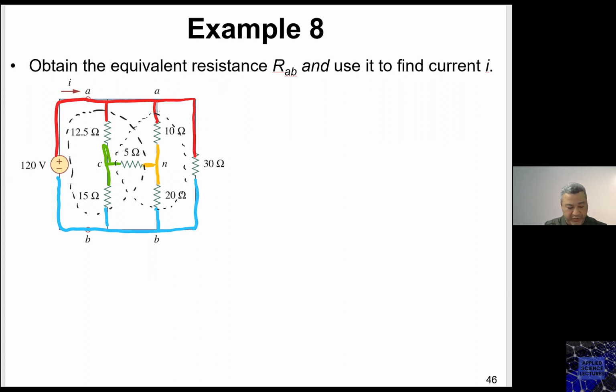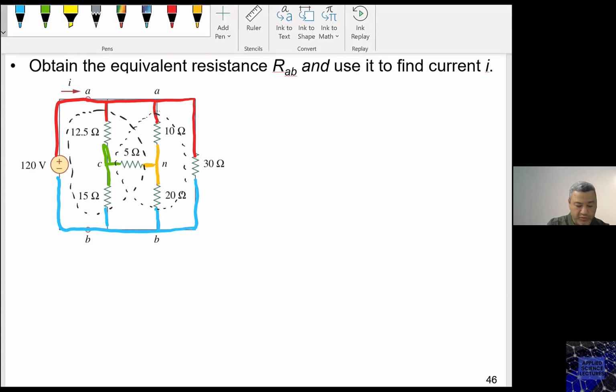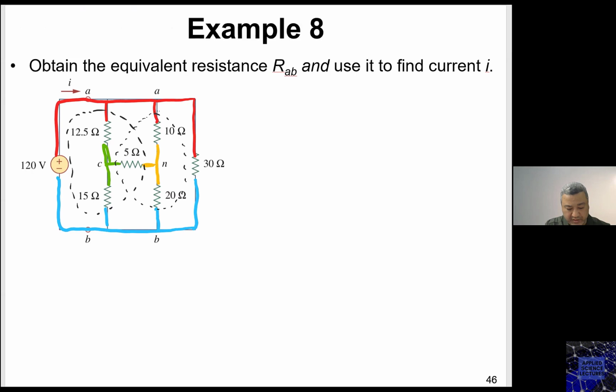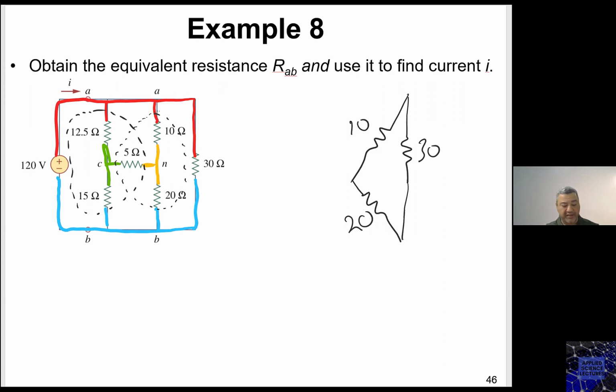If I am to bring this 10 a bit to the right, I can show you that this is a delta, right? And 30, 10, and what about the 20? The 20 is here. So that's a delta. Where else?